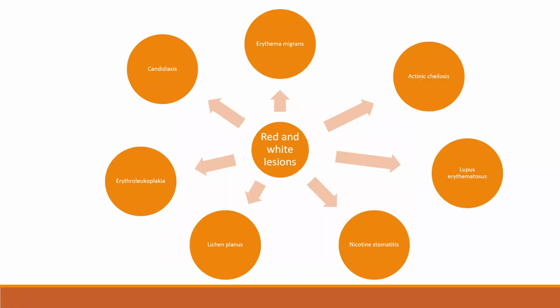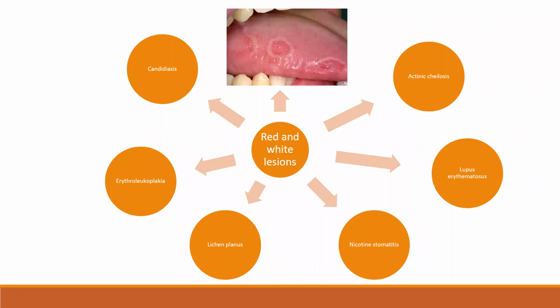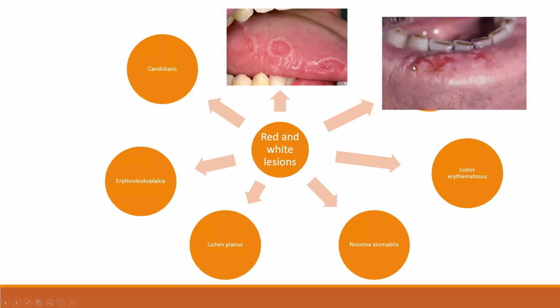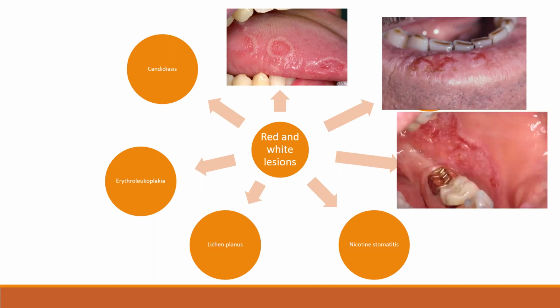Just to summarize all red and white lesions, the first one was erythema migrans, also called geographic tongue. It is always changing its position, so easy to diagnose. Actinic cheilitis, history of long exposure to sunlight. When you run your gloved finger on the labial mucosa or the lower lip, it appears as if you're running your fingers on sandpaper.